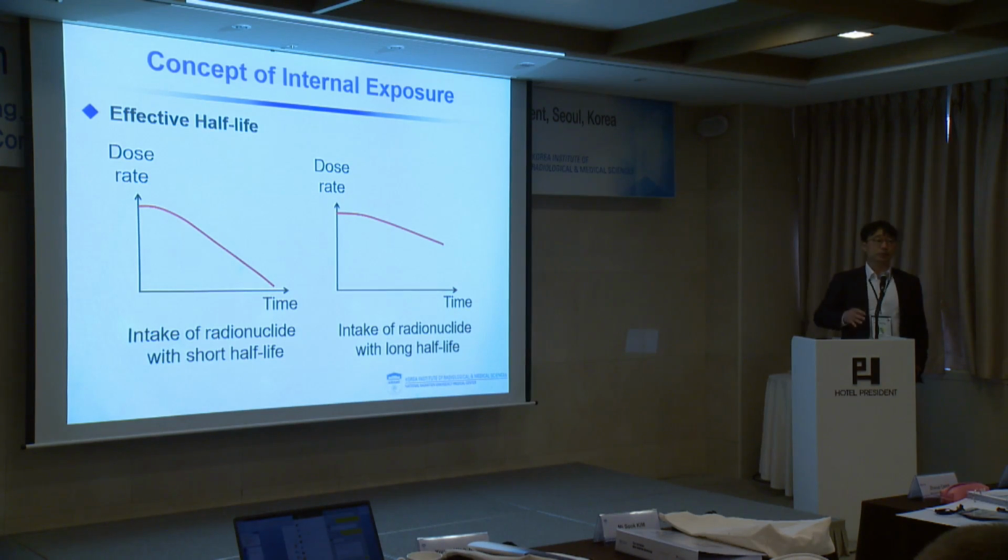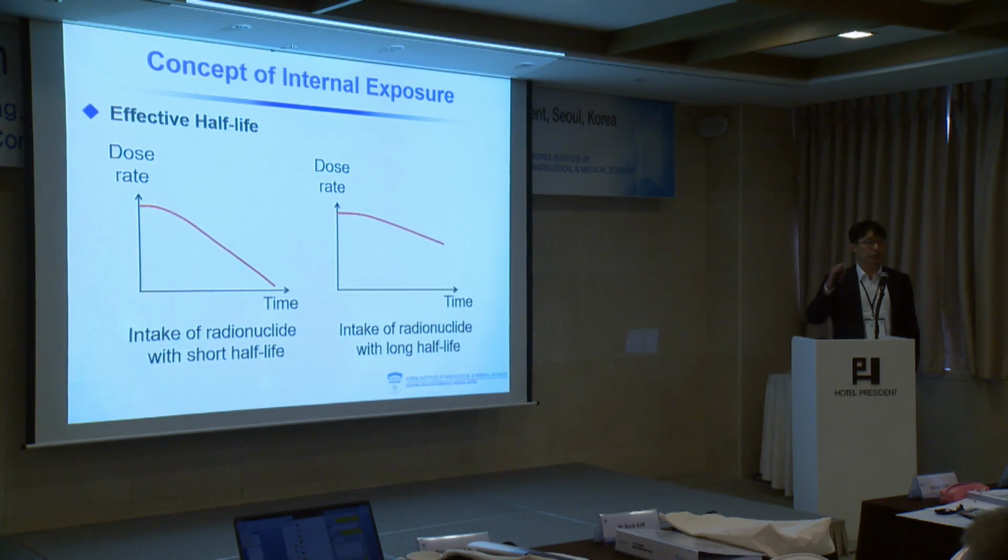But in case of the radionuclide having long effective half-life, the dose rate in the body will slowly decrease like this. So depending on the effective half-life, considering both physical and biological half-life, the decreasing speed of the dose rate is different. So you need to consider about this concept to estimate internal dose.